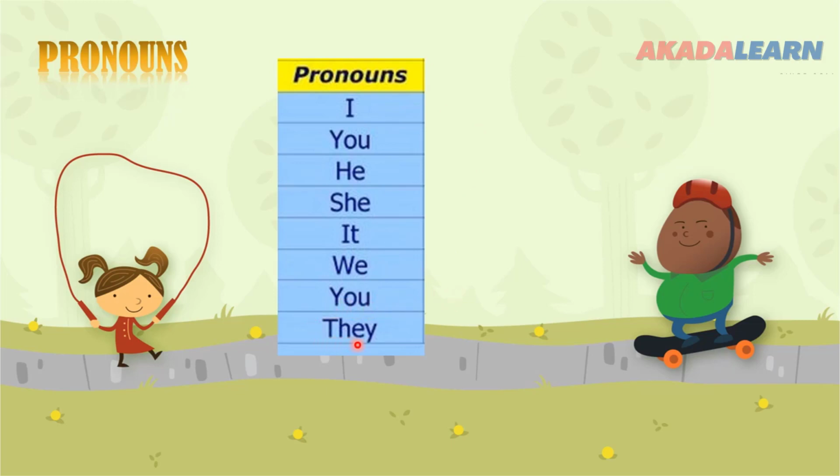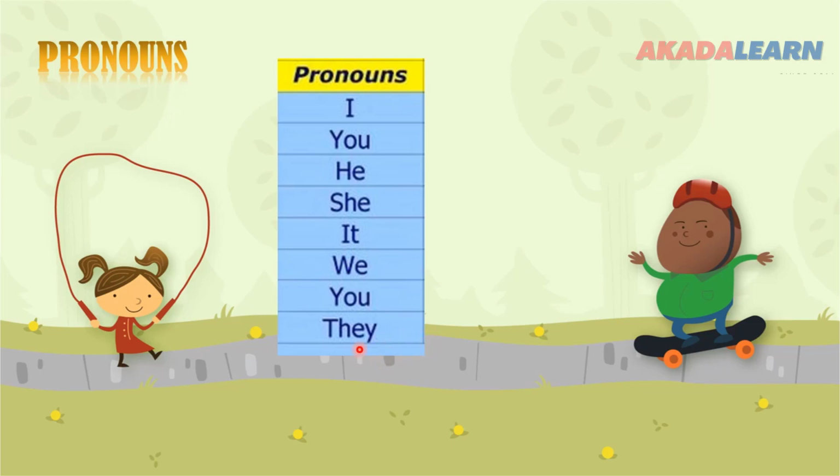This is the word they, T-H-E-Y. The TH here has a th sound. We use they when we're talking about other people. The wonderful thing about they is that it's a plural. You use it for more than one person, but it's not just for persons. It's for animals, places, and things or objects.